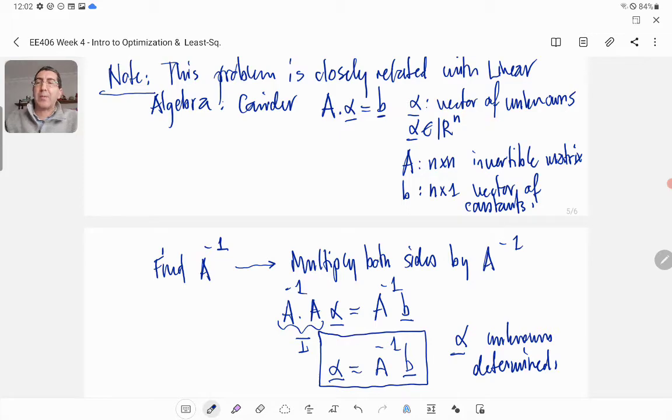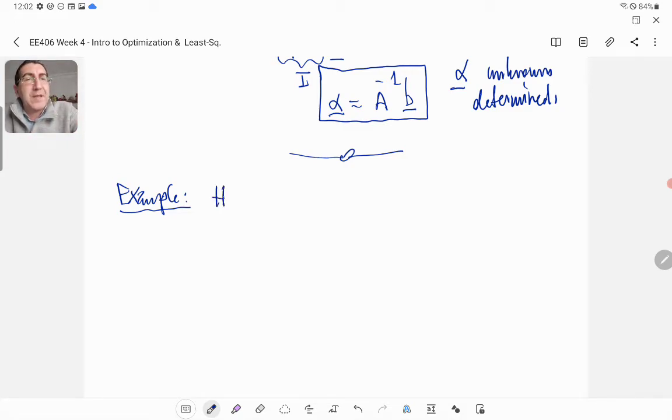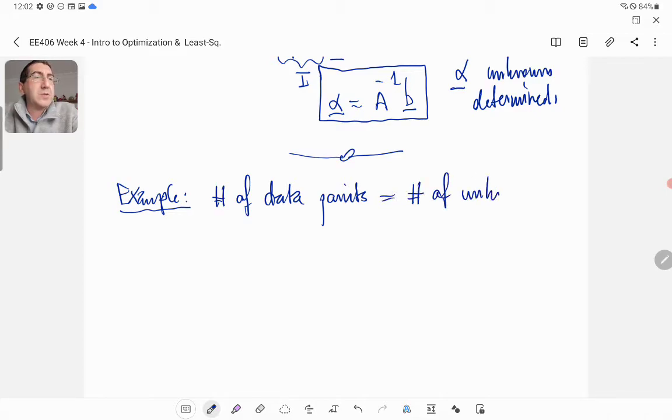Okay, this is how we solve a linear system of equations, and I'm going to show you how that relates to our problem with an example. Now this example is the simpler version of the problem that we have defined. It's still fitting a model to the data, but we have the number of data points being equal to the number of unknown variables.